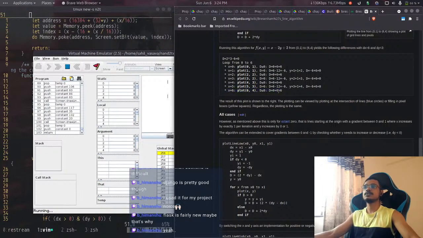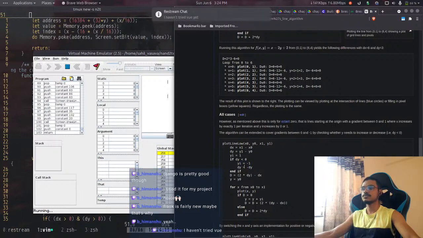But the thing is, React has become an industry standard. So why I use one? Oh, you haven't? Yeah, try it sometime. It's a pretty neat framework.